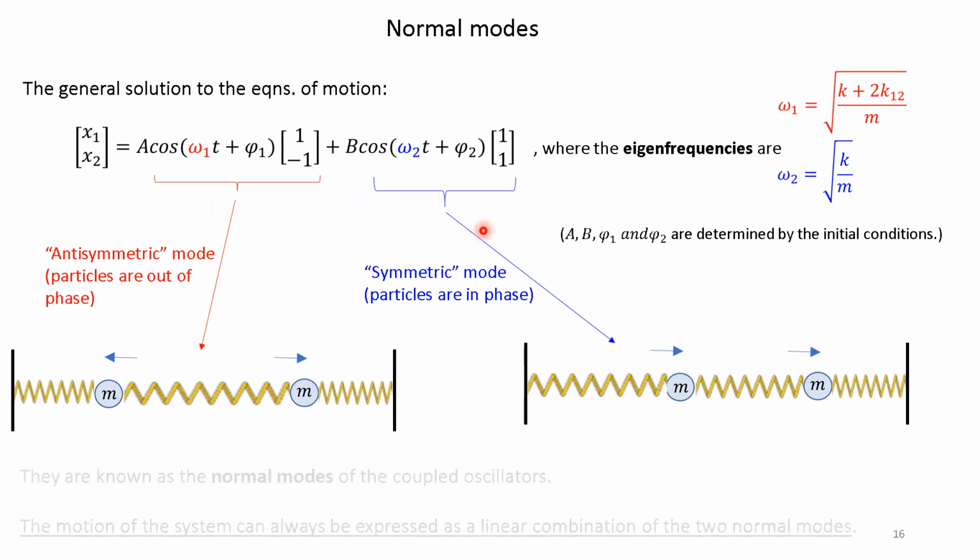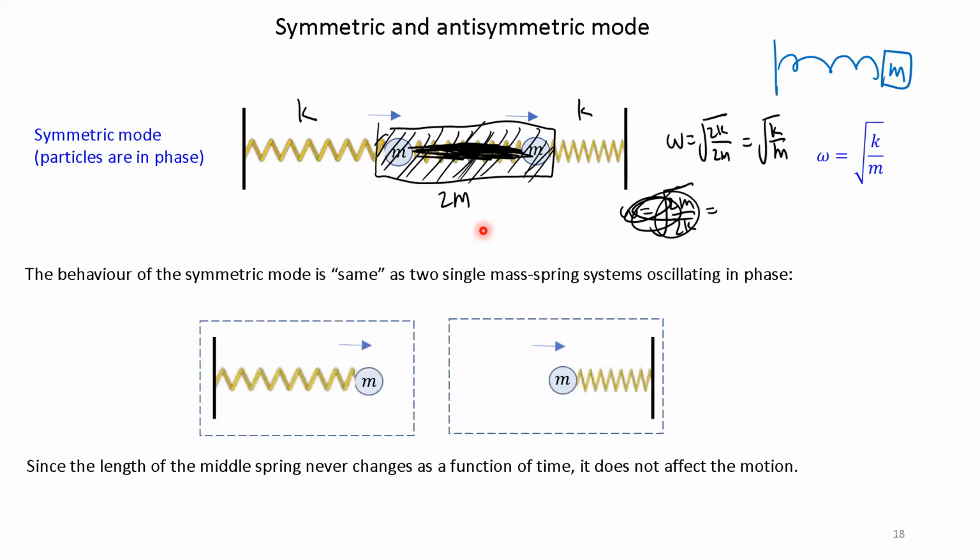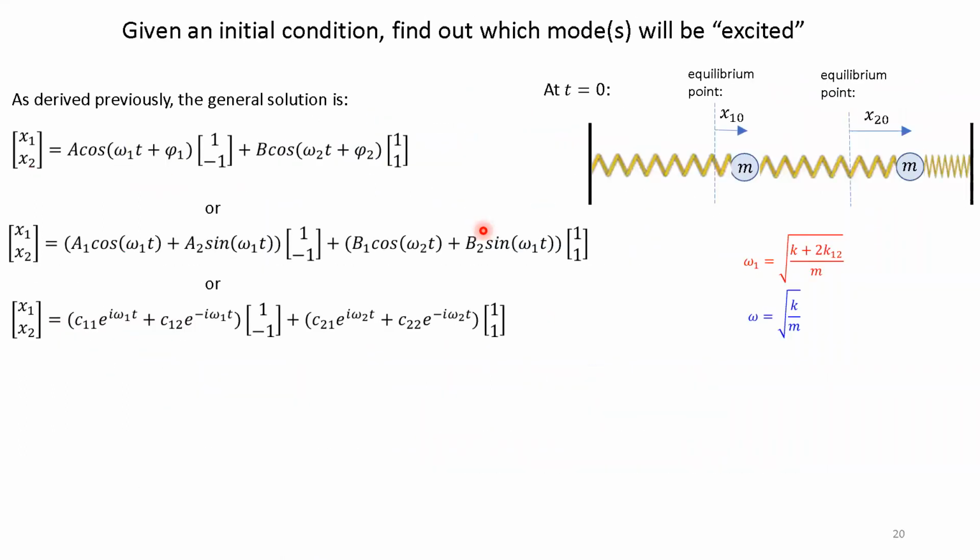And then furthermore, I talked about how we solve the initial value problem. Now that we know the general solution is written as a linear combination of these two normal modes, given some particular initial condition, what would its motion be?